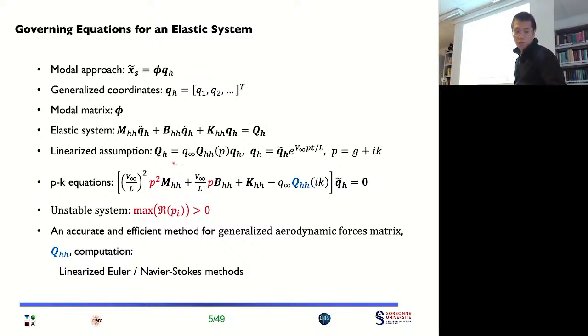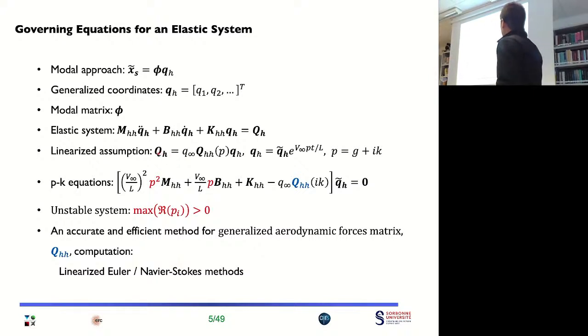By assuming a linear dependence between the generalized force and the generalized coordinates, and then an exponential form for the time-dependent term, the governing equation of the elastic system can be reduced to the following p-k equations.